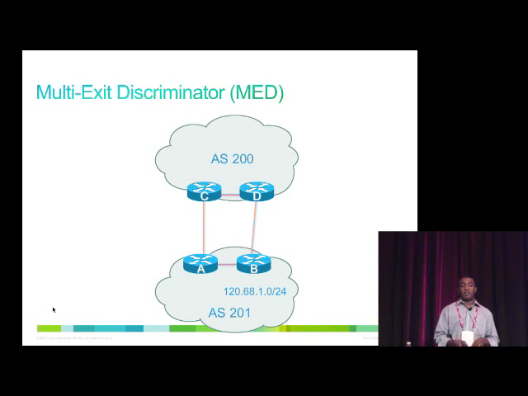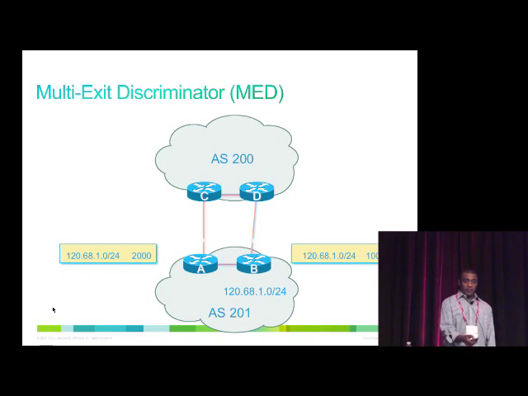So if AS200 in this particular case prefers receiving traffic through D instead of C, it will send... in this case AS201 prefers receiving traffic destined for 120.68.10 coming through B instead of A, then it will set a lower metric for, AS200 will set a lower metric for routes updated through D and a higher metric for routes sent out through C. So the MED is sent on eBGP update.